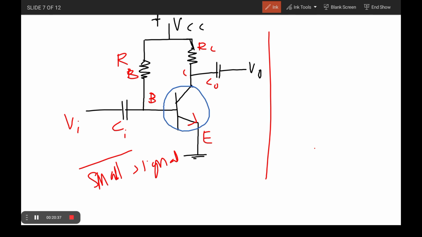Like a sensor signal or a voice signal, these are all small signals. If you want to transmit a signal through a transistor, it does not allow the small signal directly through the device. So first of all you have to keep your device in a quiescent point mode, or operating condition. For that purpose we apply biasing voltages with RB, RC.